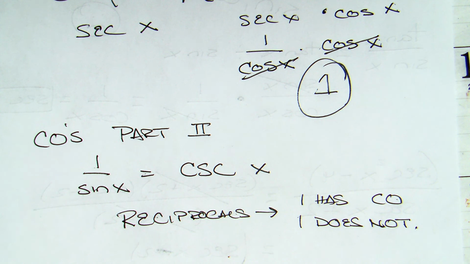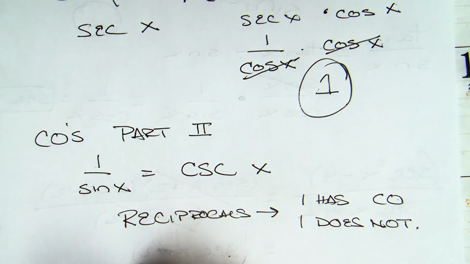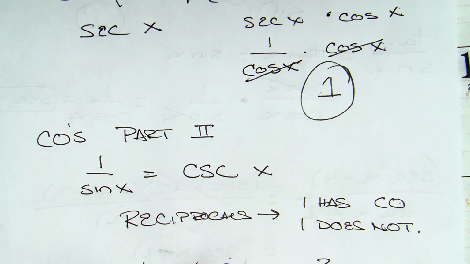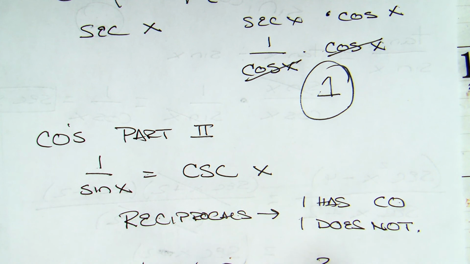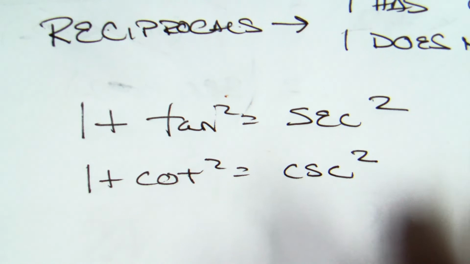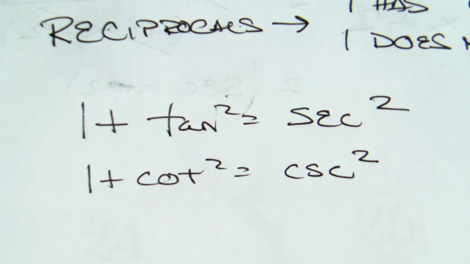This also helps you with the remaining two Pythagorean identities, because with Pythagorean identities, the co's stick together and the non-co's do not.